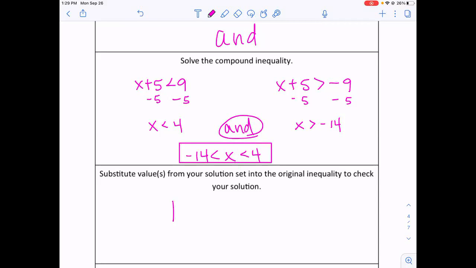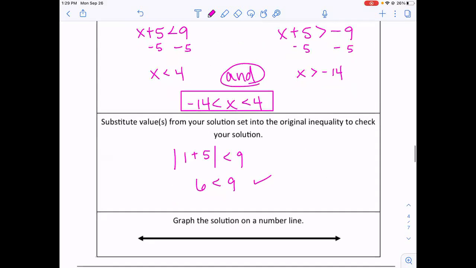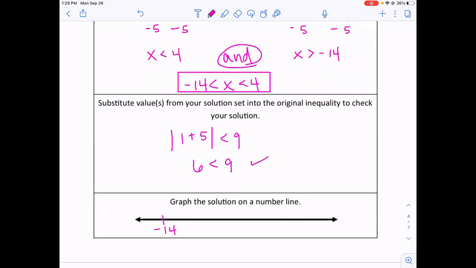Is the absolute value of 1 plus 5 less than 9? Okay, good. So here's our graph.